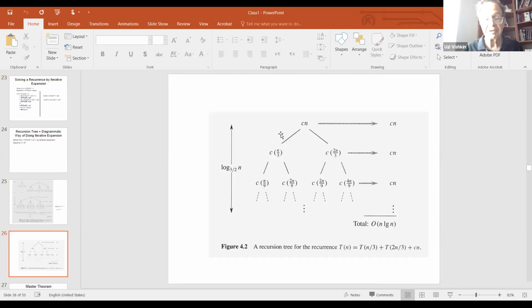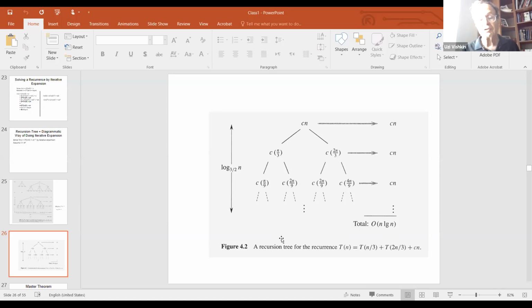And the way we see it is right here. The first level, we have c of n. Second level, we break into two uneven terms, c of n over 3 and c of 2n over 3. But each of them contributes a factor which is linear in its size. But since 1/3 and 2/3 sum up to 1, we get another c of n. And then as we expand in a breadth-first search type manner, we get a linear factor at each level.